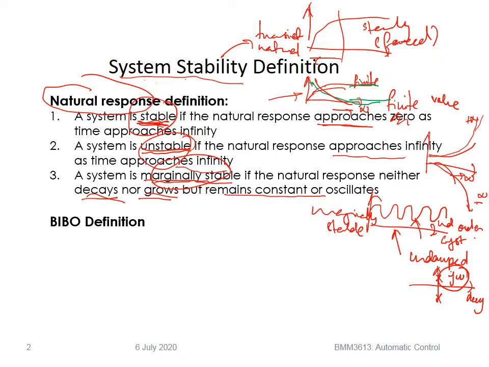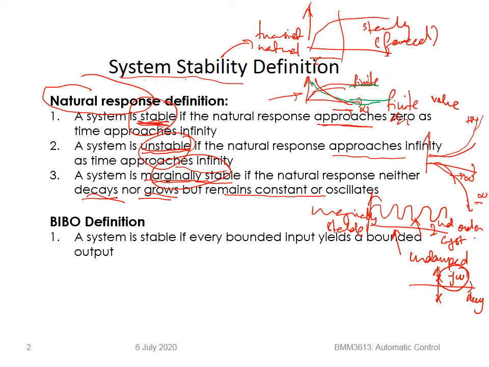And then there's another definition related to the input and output. A system is stable if every bounded input yields a bounded output. What does this mean? For a stable system, if your input is bounded, I mean if your input is between specific values, your output will also be limited between specific values as well.